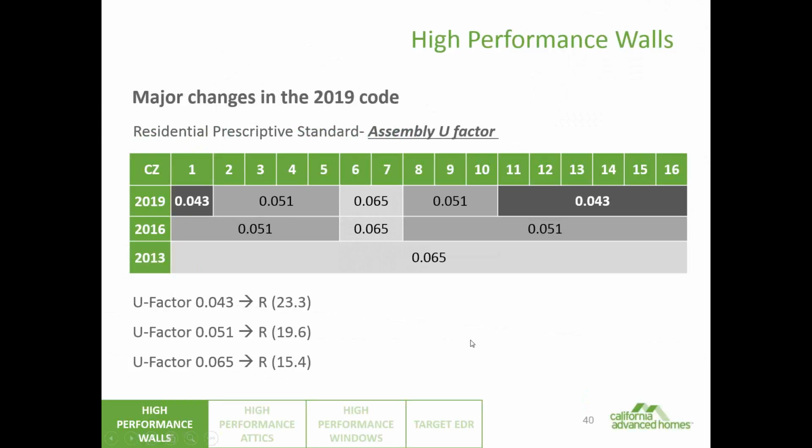And this is what I talked about, where climate zone matters, and the code is becoming more pointed in its prescriptive requirements. And again, this is prescriptive. But yeah, 0.043 is in our 23.3. So the walls are taking another big step. And one of the reasons why I like talking about this is that we can't rest in what we do.